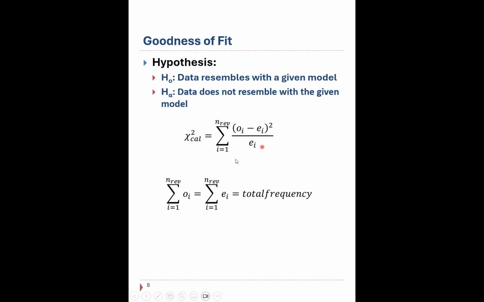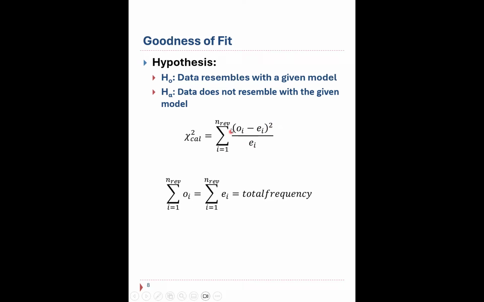We define a metric, a test statistic, which is the difference between the observed frequency and the expected frequencies. The O values will come from the data, and the E values will come from the probability model, and the square of the difference is our way to define the variation, divided by the expected frequency. And since there is the subscript i, it suggests that it is for individual classes.